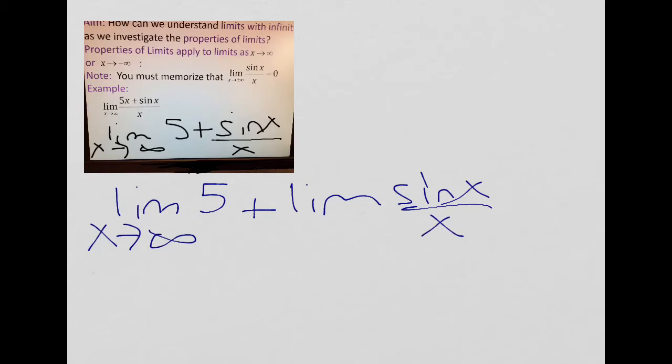We take the limit of our numerator and the limit of our denominator, but in this case, we can actually simplify this rational function as the limit of 5 plus sine of x over x. So now, in this particular case, we can use the product rule. I'm sorry, not the product, the sum rule. Take the limit of 5 as x approaches infinity, plus the limit of sine of x over x as x approaches infinity.